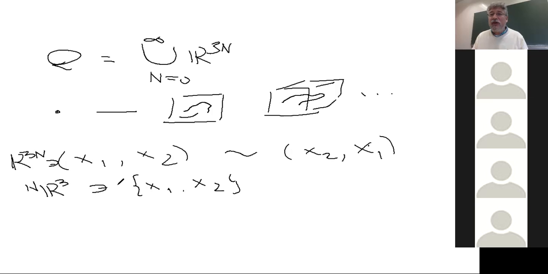Then you can ask which wave functions on R3n would lead to velocity fields on NR3 that don't depend on your ordering? And you find out that the natural classes are the symmetric functions and the antisymmetric functions.